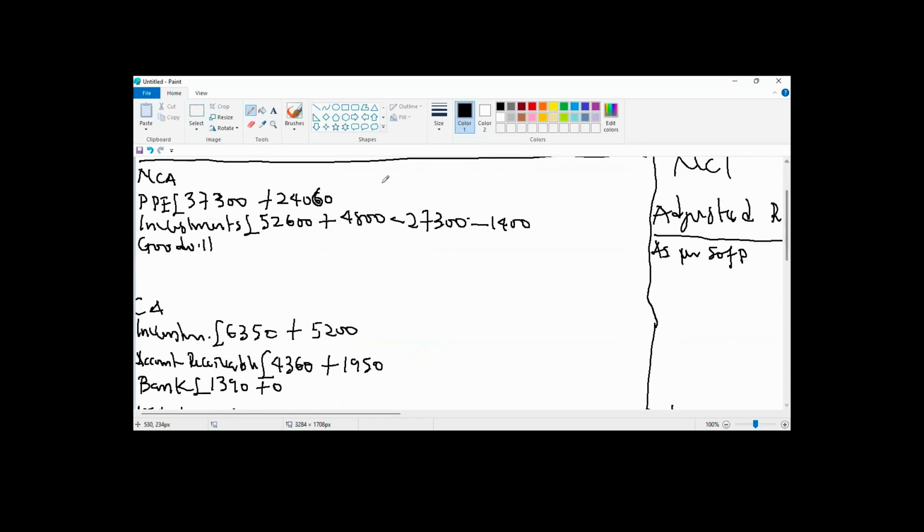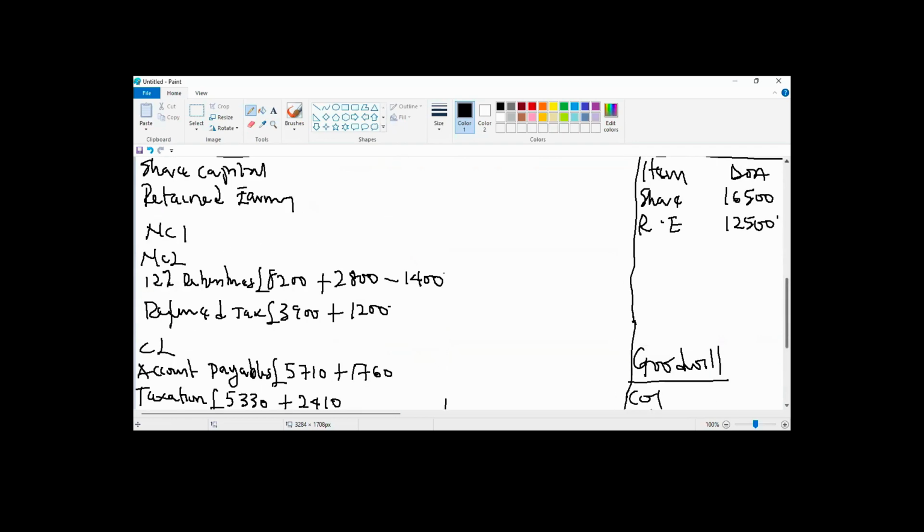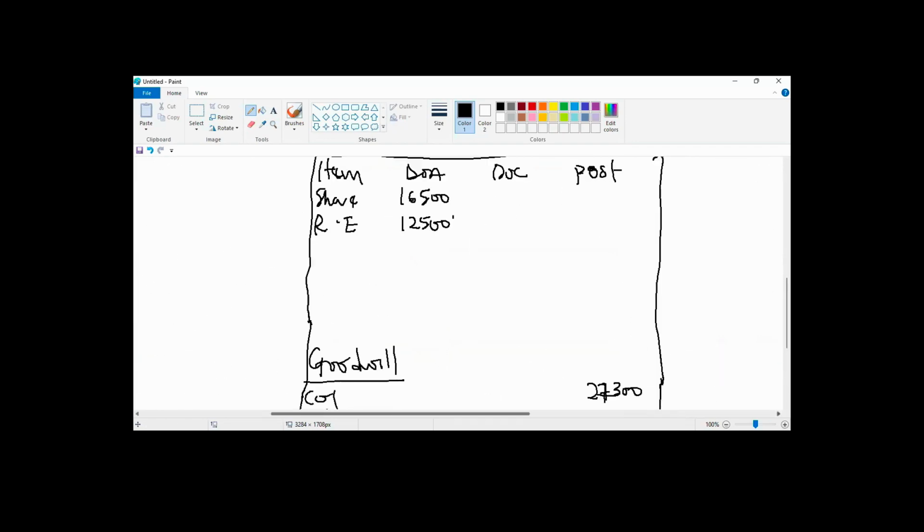I will say plus 1/6. First one is surplus of 1/6 debit. I'll go to the reserves. Revaluation surplus on PPE, 1/6. Depreciation, 800.